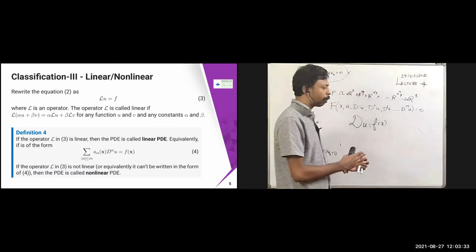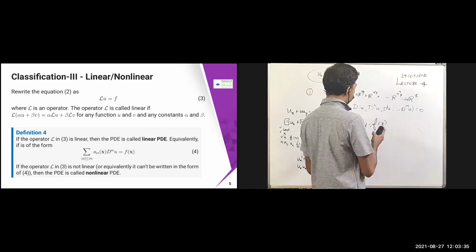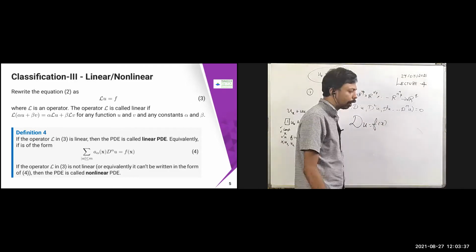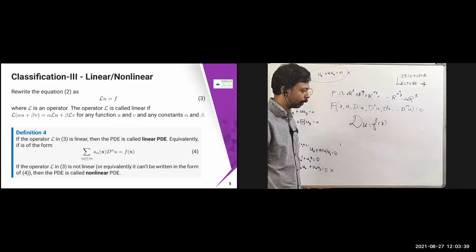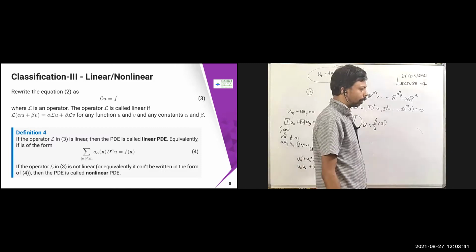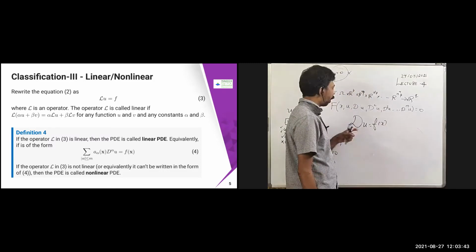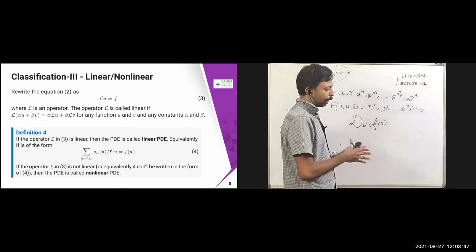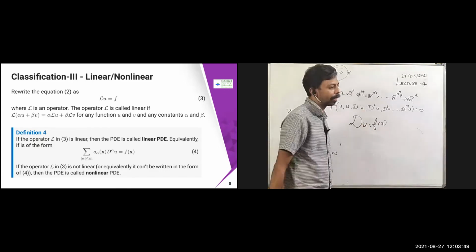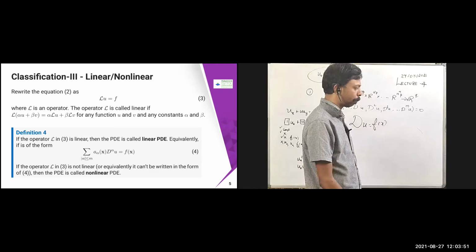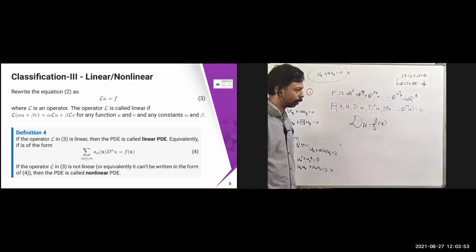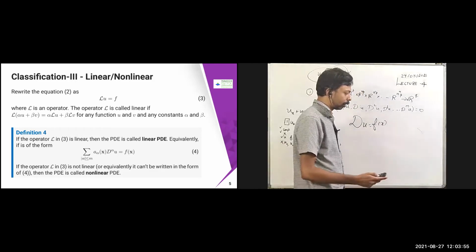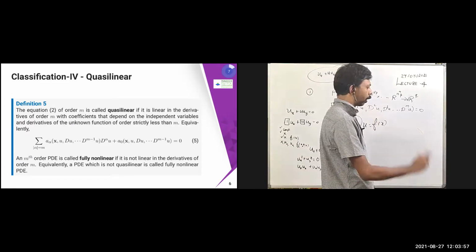I'm just splitting them: whatever involves u should be on the left hand side, and whatever is not in u should be on the right hand side. So I'm checking the coefficients of D alpha u only, and those coefficients would be a function of x alone. In that case, we say it is a linear PDE. Otherwise, we say it is a non-linear PDE. Is it clear? Yes. Okay.